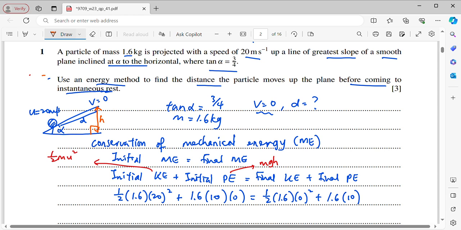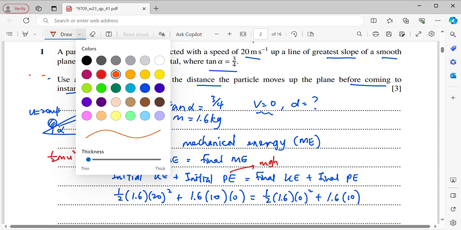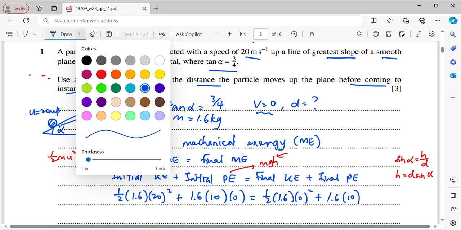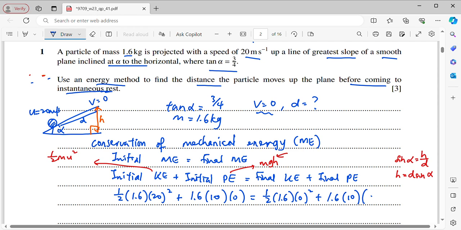So from here I know that sine alpha is h over d. Now I need to find my h. Therefore my h is d sine alpha. Then I will write d sine alpha according to the triangle.